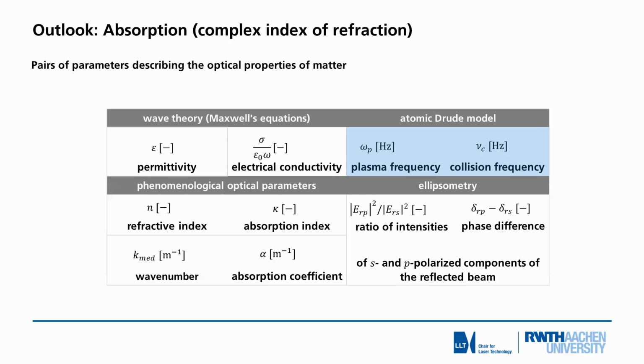From atomic absorption processes in plasmas or in metals, we know the plasma frequency and a collision frequency, which represents the dissipative, the energy loss, the absorption part of the process. And using ellipsometry, just by analyzing the reflected part of a polarized incident beam, we can identify the parameters of the material defining what happens in terms of absorption, transmission, and reflectance.